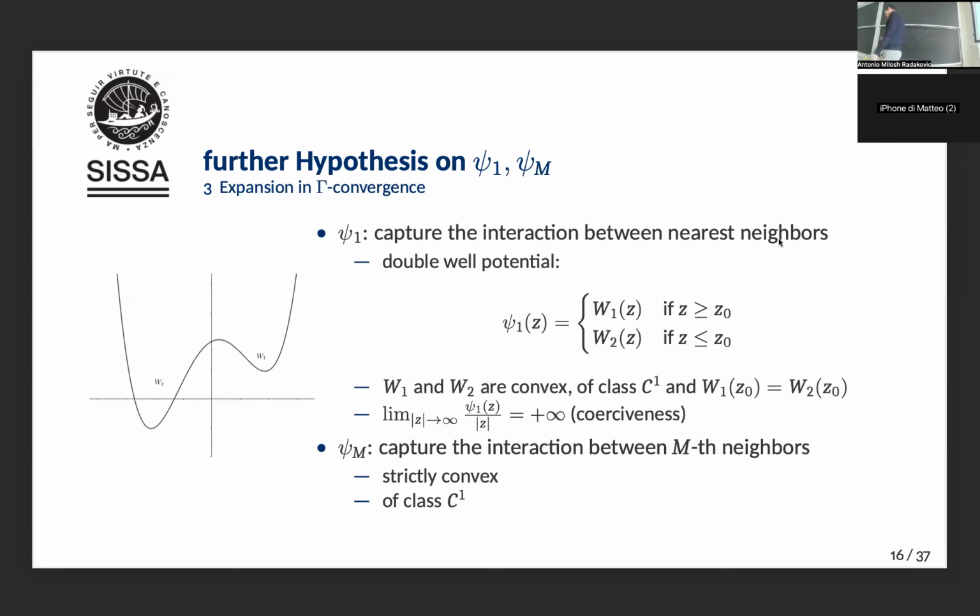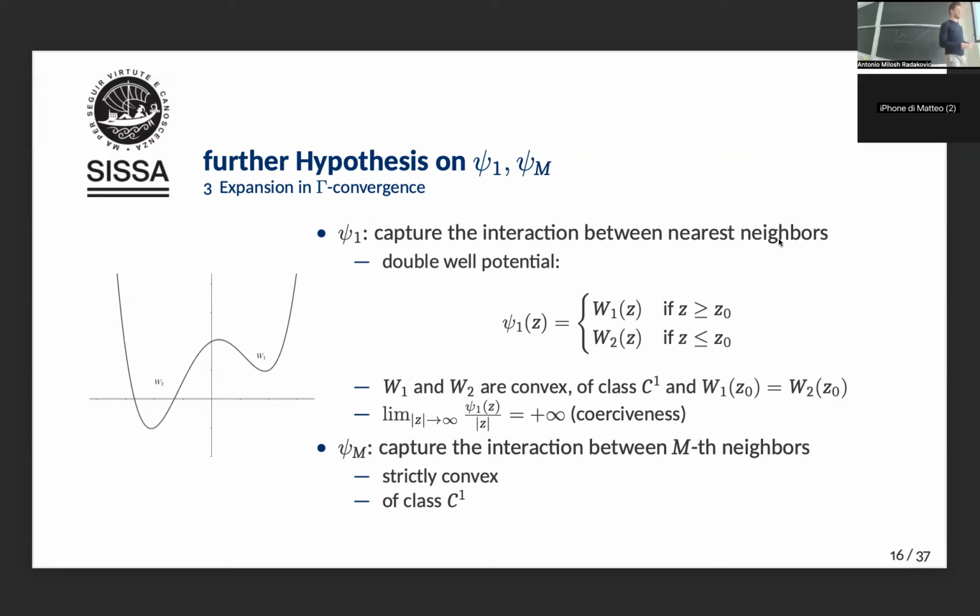So, for our results, and also for the case we were interested in, we are going to make some further hypotheses on psi1 and psi-m. They will be of two kinds. One, the structure. So we take psi1 to be a double well potential, so something that before a given threshold, say Z0, is behaving as a function W2, and after Z0 is behaving as a function W1, and those functions are convex.